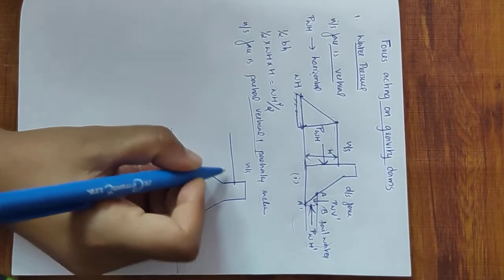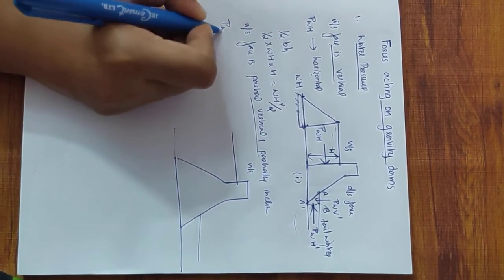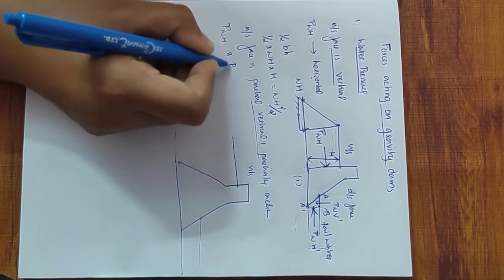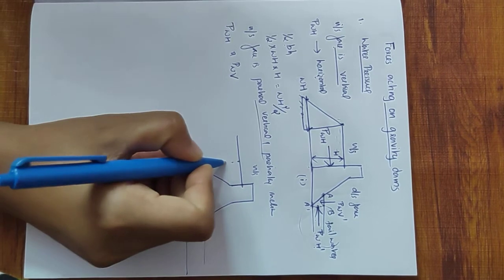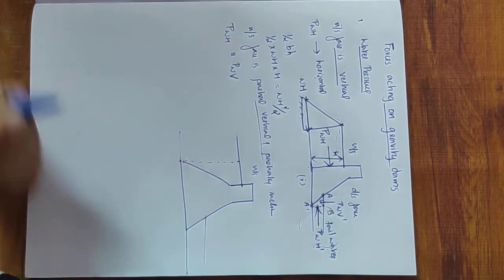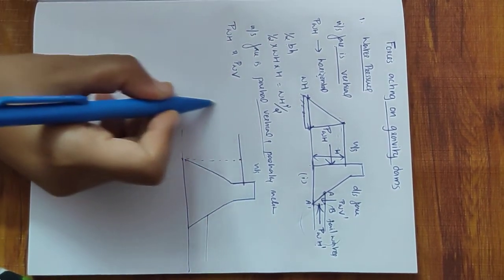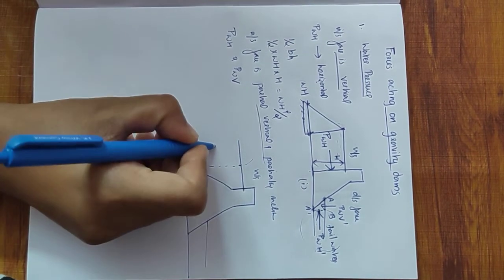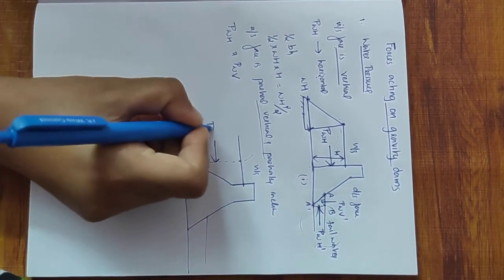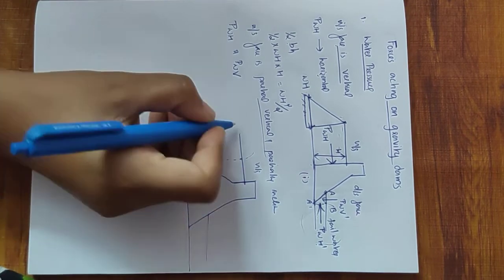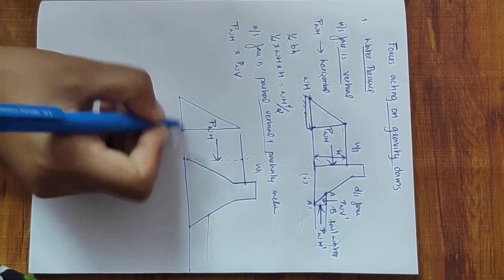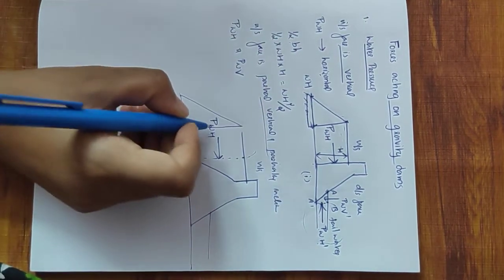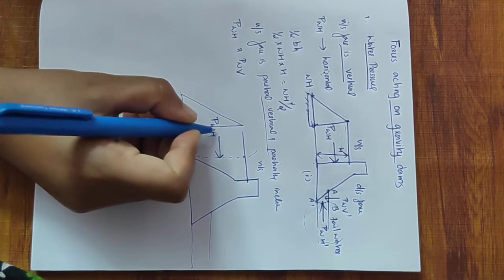In this case, water pressure has two components, horizontal component as well as a vertical component on the upstream face. This portion can be divided into two regions like this. The water pressure exerted by this much water will be truly horizontal to the face and it will be equal to PWH. The pressure distribution diagram will be triangular in shape as we told above, and it will be PWH.